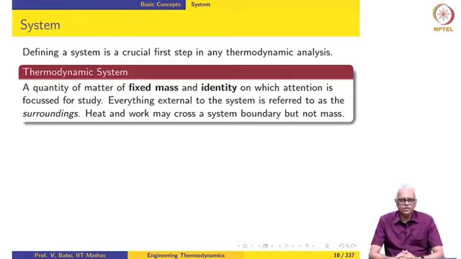Which means that whenever a system interacts with the surroundings, there can be a transfer of work or a transfer of heat. So, for heat and work interaction to be present, the system must interact with the surroundings. That is a very important idea to remember, that heat and work are external interactions of the system with the surroundings.